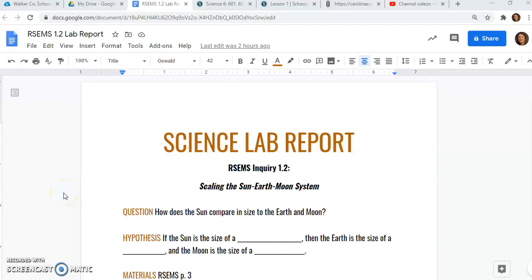Now we're going to talk a little bit about your lab report for Inquiry 1.2, Scaling the Sun, Earth, and Moon System. First, let's talk about scale. When you're talking about scale, we're talking about the size of maybe a model of something. Like think about if you have a toy car, like a Hot Wheels car.